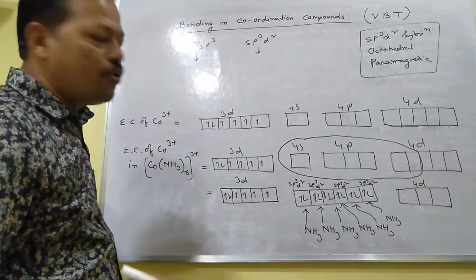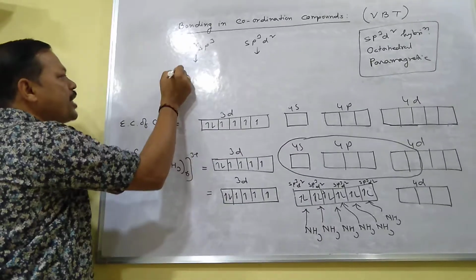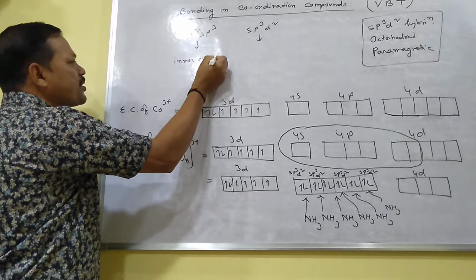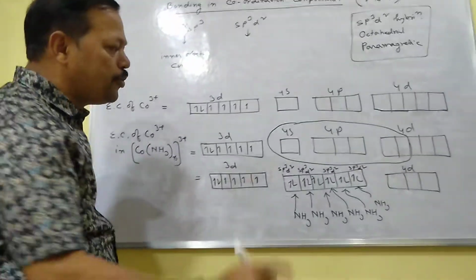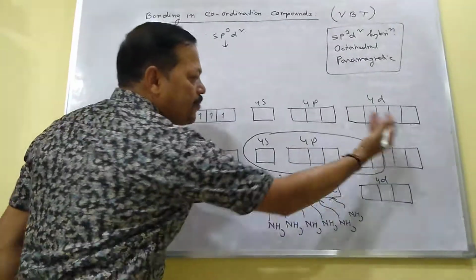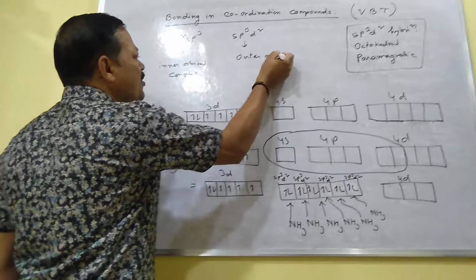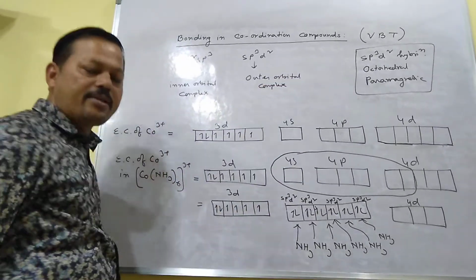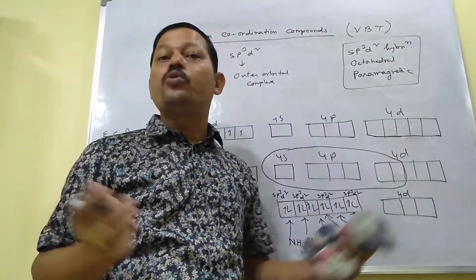But one thing you should know, if we use the d orbital from the inner side, then this type of complex is called an inner orbital complex. And if we use the d from the outer side, like from 4d, then it is called an outer orbital complex. That's why one question asks, this complex acts as an inner orbital complex, but this complex acts as an outer orbital complex.